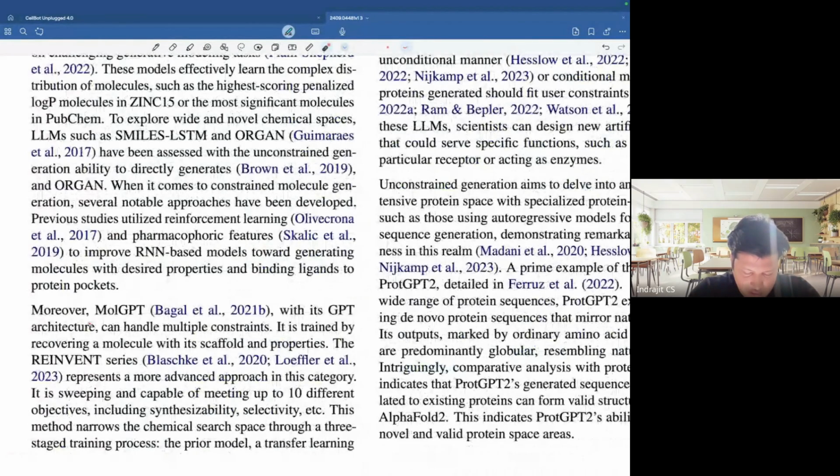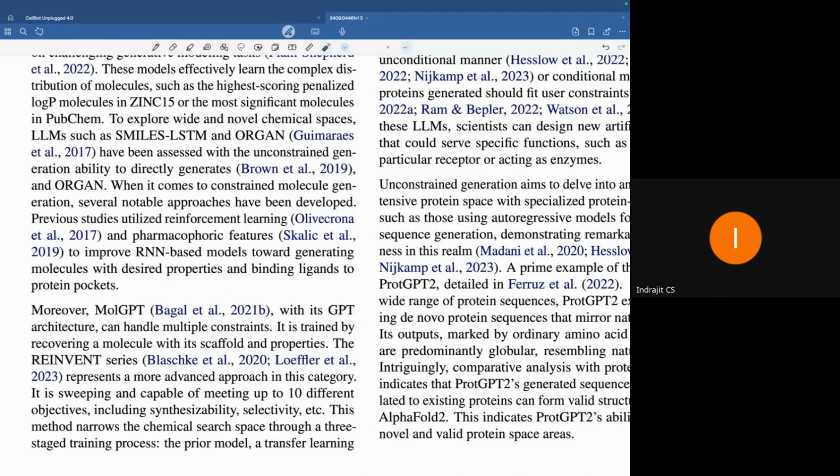There is MolGPT, a molecule generator with GPT architecture, which can handle multiple constraints. It is also trained by recovering a molecule with its scaffold properties. Okay, the REINVENT series represents a more advanced approach in this category, and it is capable of meeting up to 10 different objectives, including synthesizability, selectivity, etc.